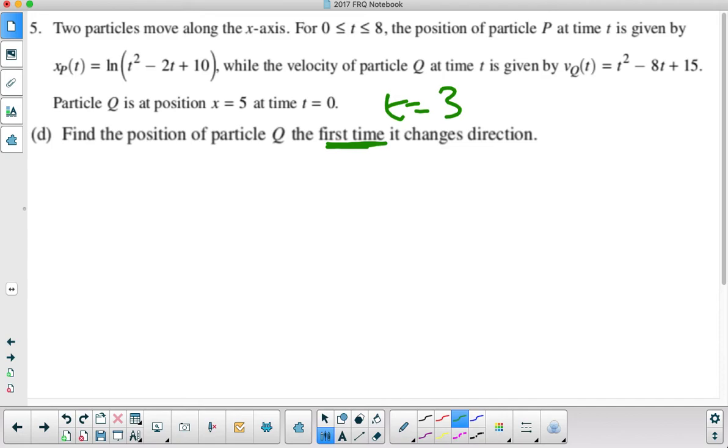The other thing that we need to do here is, if we're trying to find position, we're given velocity. We got to work backwards to position. That means we need to do an integral. So we're going to do an integral from 0 to the first time it changes direction, which is 3, of the velocity of q.